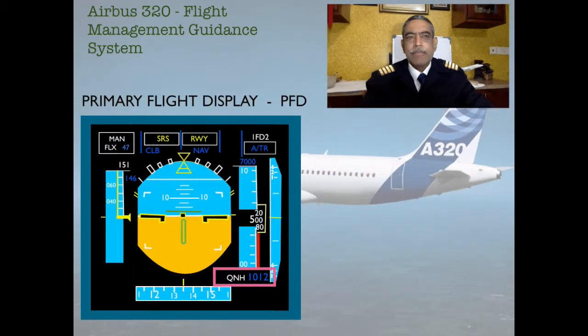Okay, let me explain the primary flight display in a little bit more detail. I'm sure you are aware of it, but for the sake of the lesson's completeness, I will explain it to you. As you all know, this primary flight display unit is a combination of the six primary flight instruments that you are familiar with in a traditional training-stage cockpit or a traditional cockpit.